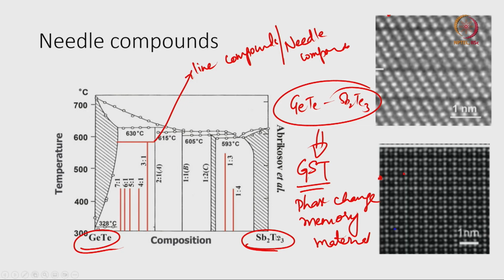I think we have had this discussion earlier, so I will not go into the details of the crystal amorphous phase transition, but this is a very well known memory. It can be used as computer memory, it can be used as optical memory on CDs and DVDs and so on and so forth.